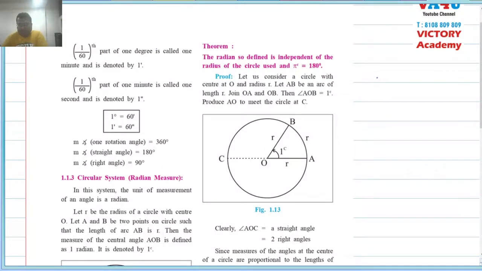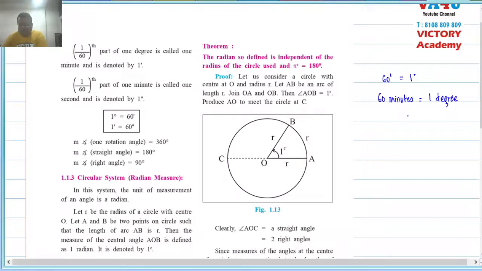So suppose we say that 60 minutes is 1 degree. And 1 upon 60th part of a minute is called 1 second. So suppose I say 60 seconds is 1 minute.